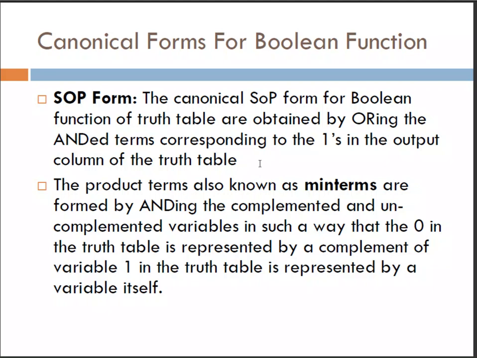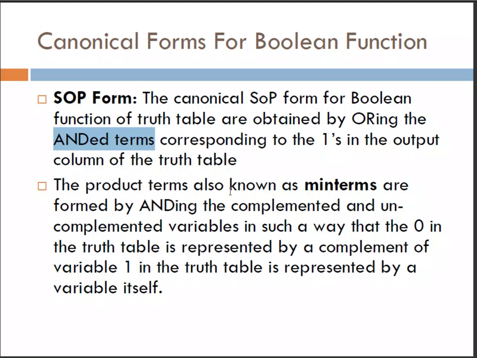So we keep focusing on the output of the truth table. Then in the output column, where we have ones, we focus on those terms, and then we make the ORing, or addition, or sum of the ANDed terms, meaning a product.